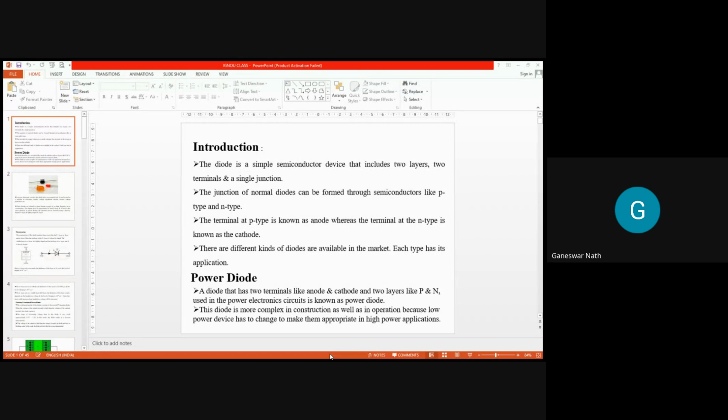I have put some ideas here, first the power diode. This power diode is different from the general diode in the context of its fabrication and its working. You can find the basic structure here.